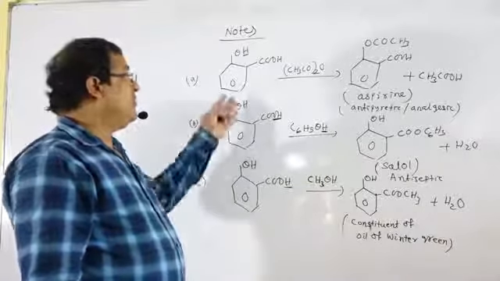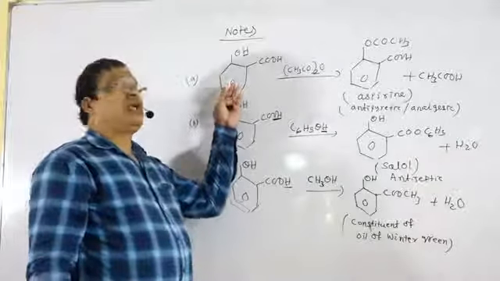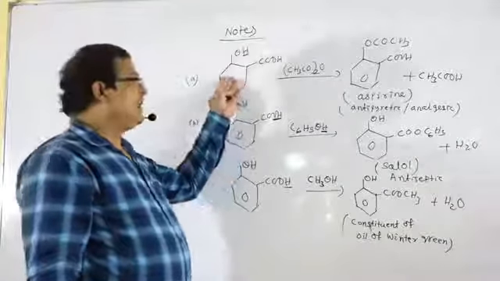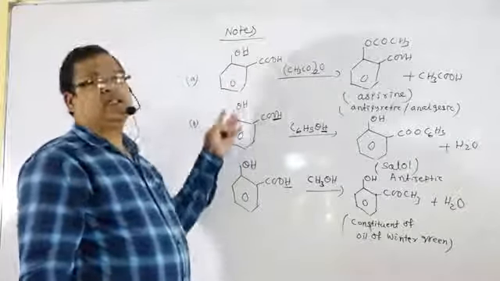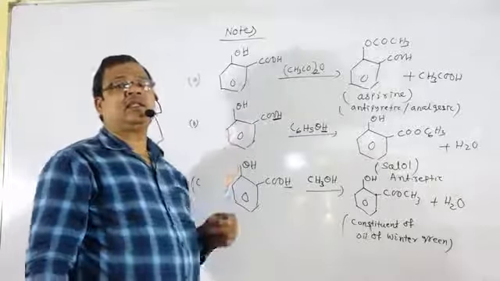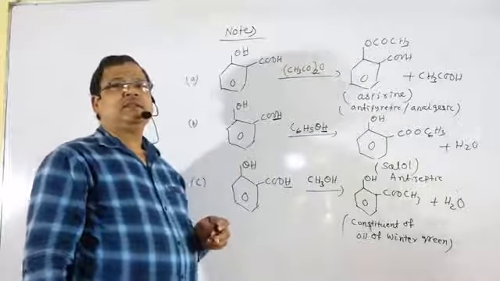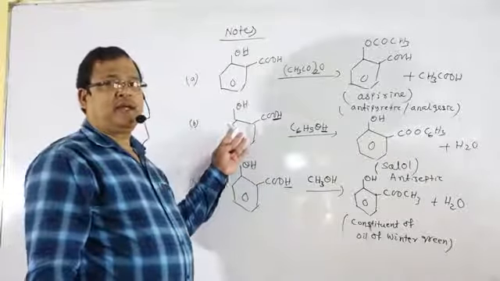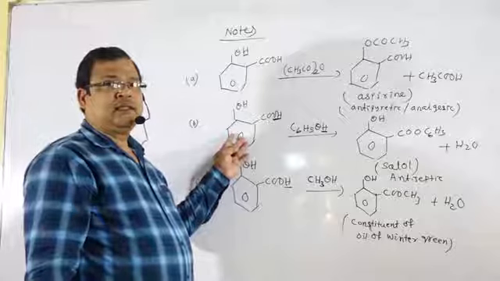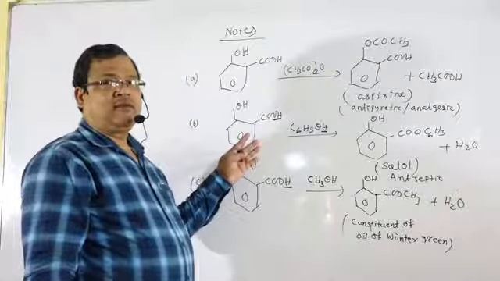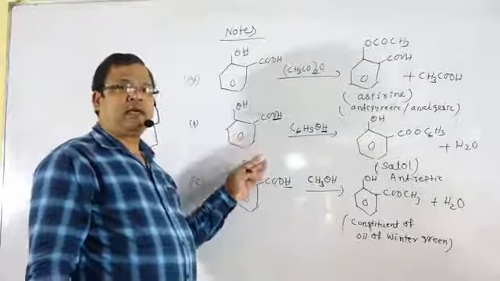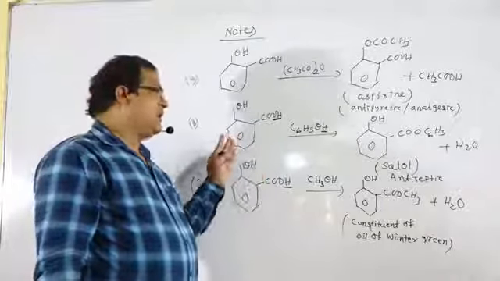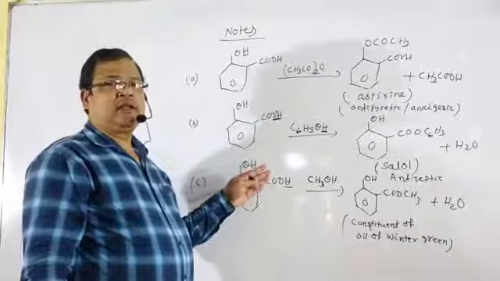So mark the importance of this salicylic acid. But how is this salicylic acid obtained? We obtain salicylic acid from phenol by treatment with carbon tetrachloride and NaOH at 343 Kelvin.